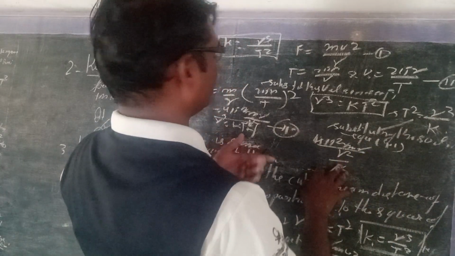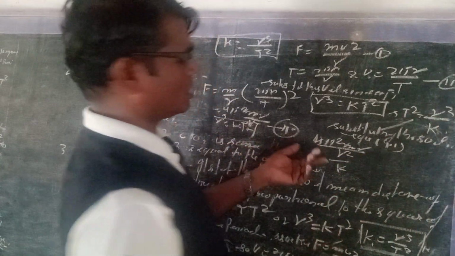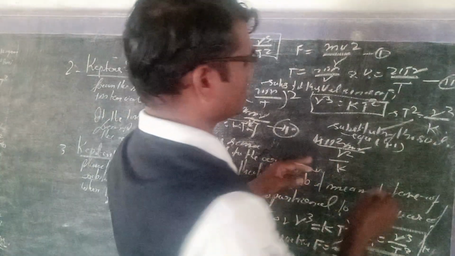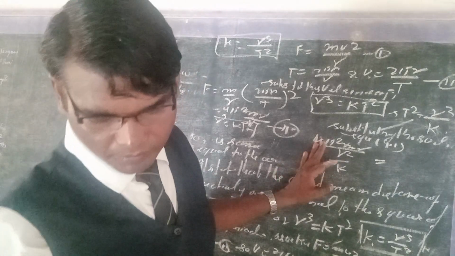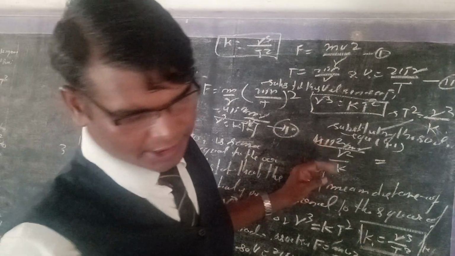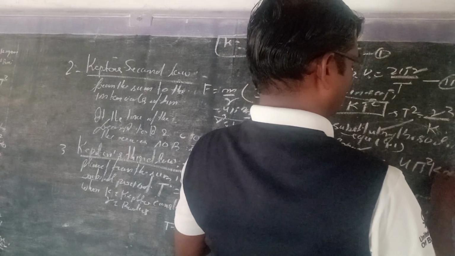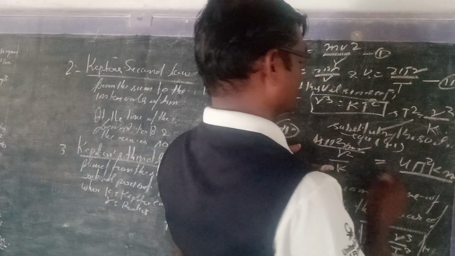Substituting the values, the remaining terms give 4 pi squared K m by R squared.